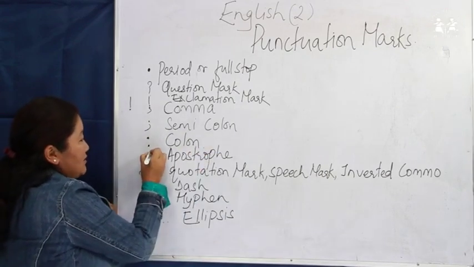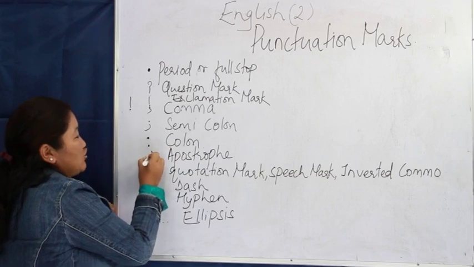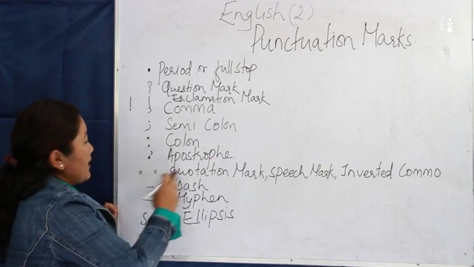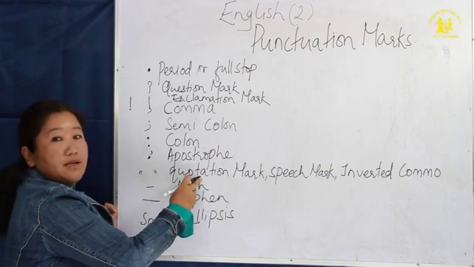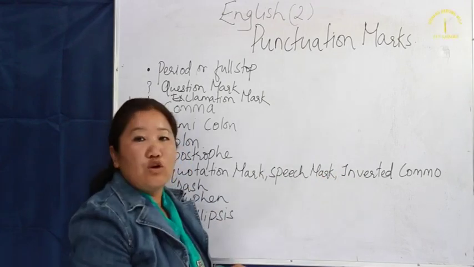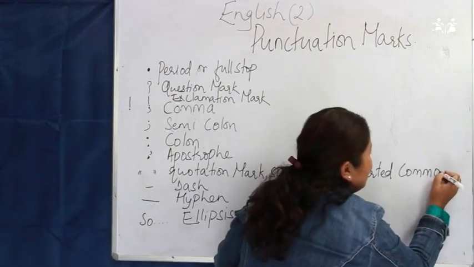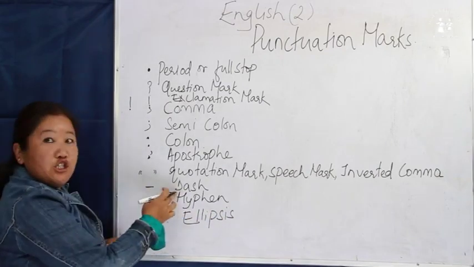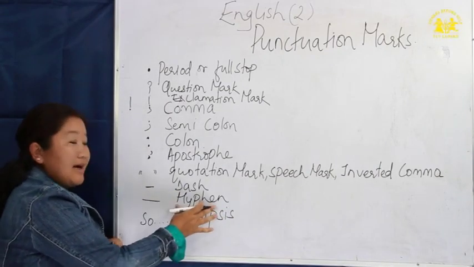And this one at the top, it should not be at the bottom but at the top, is known as an apostrophe. And this is the quotation mark, as well as speech marks, and we also know it as an inverted comma. Okay, and this one is a dash, and the longer one is a hyphen.